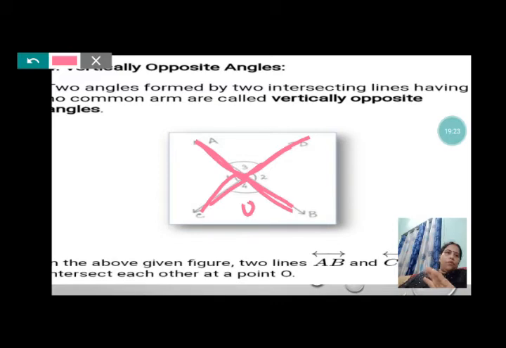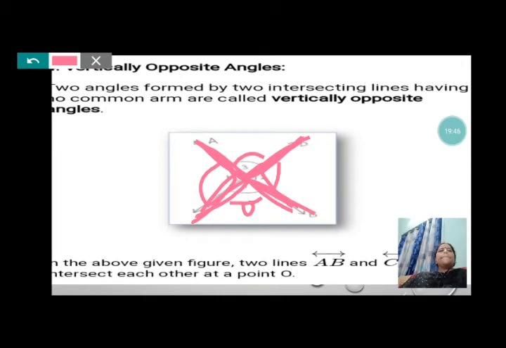They are making 4 angles, and we see that AOD is equal to COB because they are vertically opposite. BOD is equal to AOC, again because they are vertically opposite.